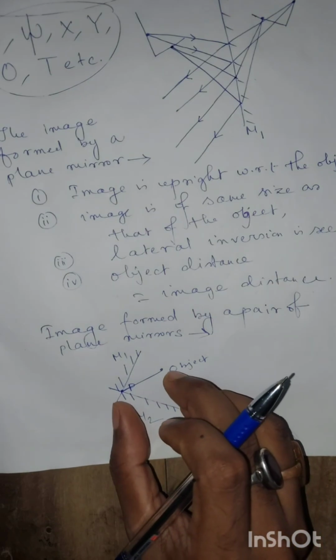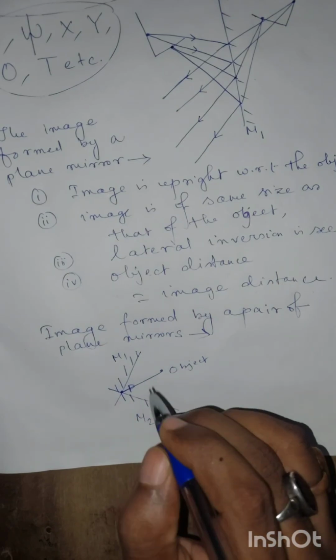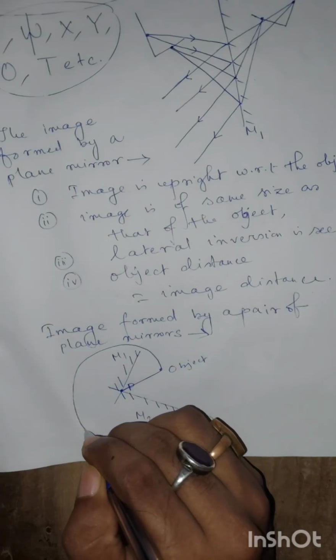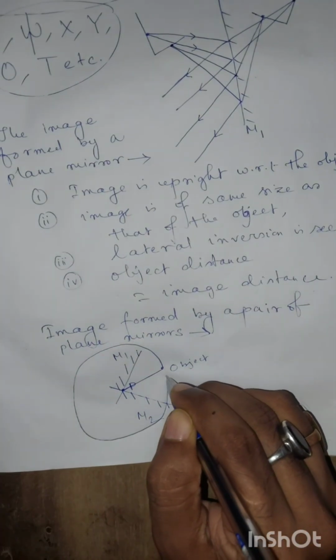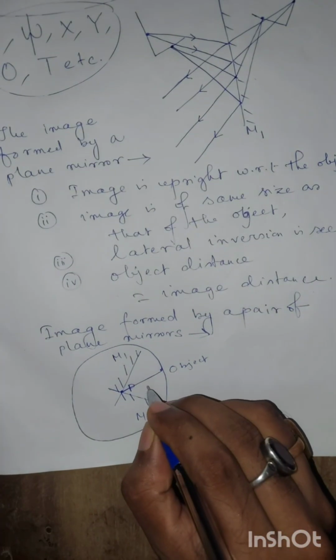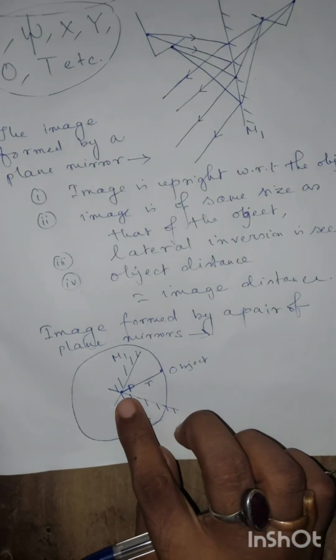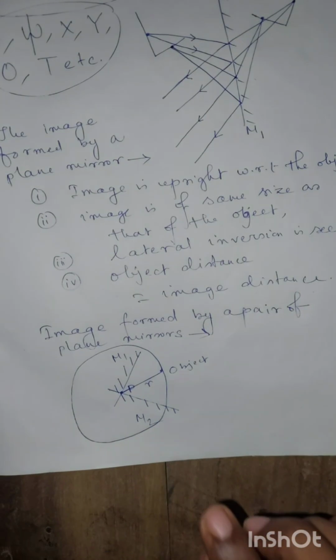The radius is the line segment joining the point of intersection and the object.